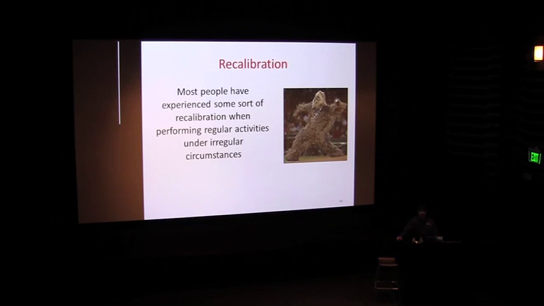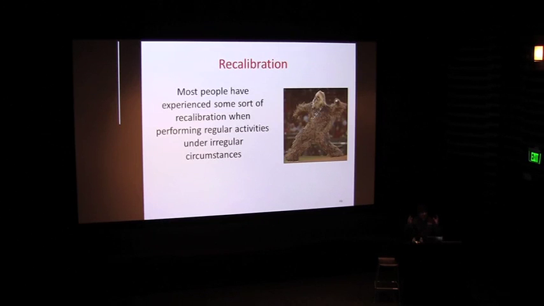Another example of perceptual calibration and recalibration is when you get on a moving sidewalk. As soon as you get on, during our normal travel, we are used to the optic flow that we experience with natural walking conditions. As soon as we get on a moving sidewalk, this increase in optic flow is a little jarring, right?